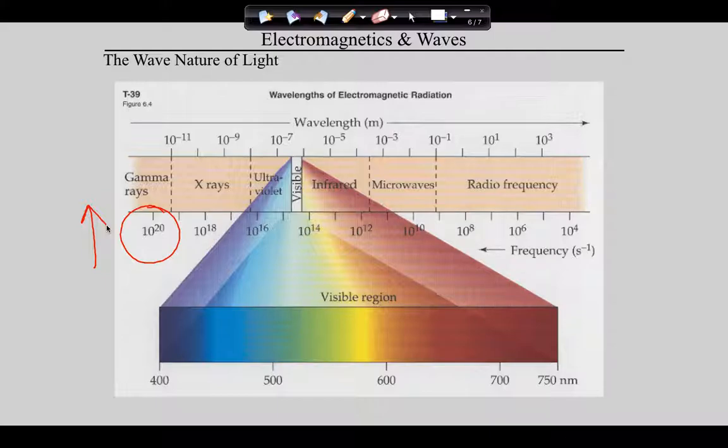Is it high or low? It's short. So high frequency light has a short wavelength. What about low frequency light? Long wavelength. So these are inversely related, and the relationship that tells us so is c equals lambda nu. As the wavelength gets longer, the frequency gets smaller. As the frequency gets higher, the wavelength gets shorter. They're inversely related because c, the speed of light, is a constant.